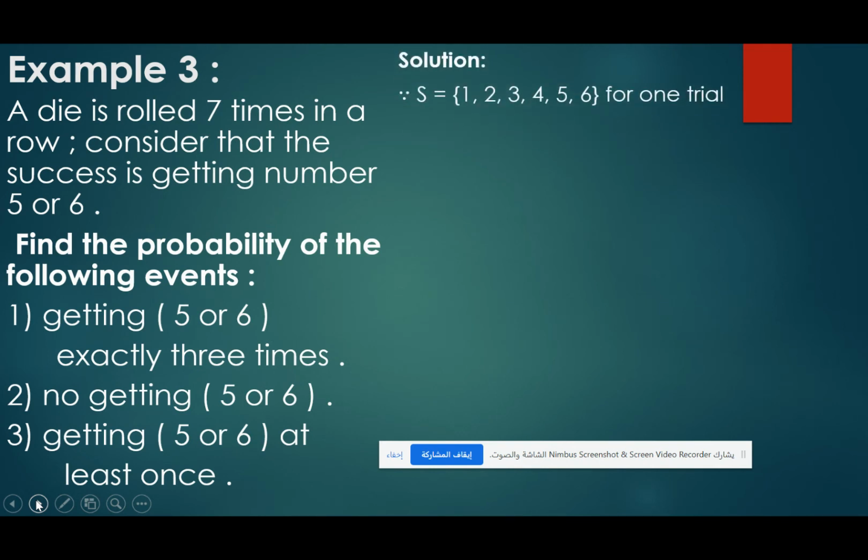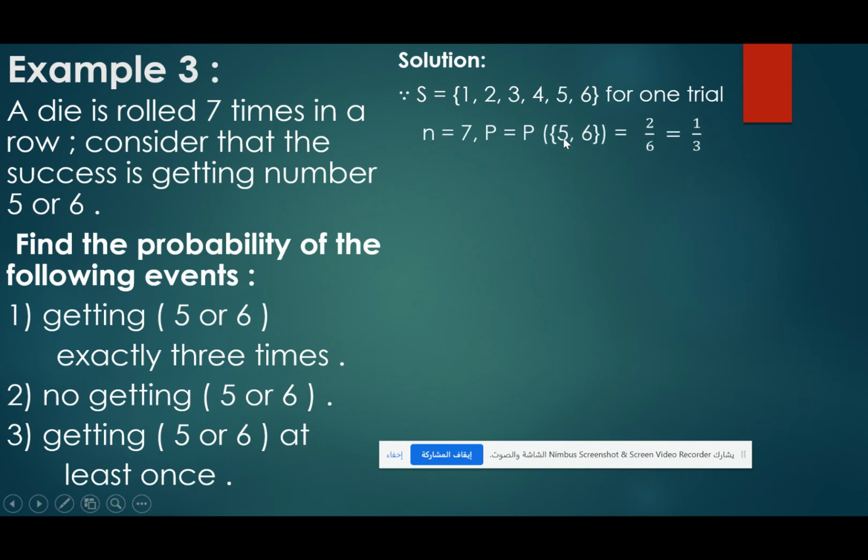N, we said it is 7. But remember, to find p and q, you need to remember how much is the sample space. The sample space includes 6 outcomes from throwing a die. So you will get 1, 2, 3, 4, 5, 6. And that can help you to find p or q.